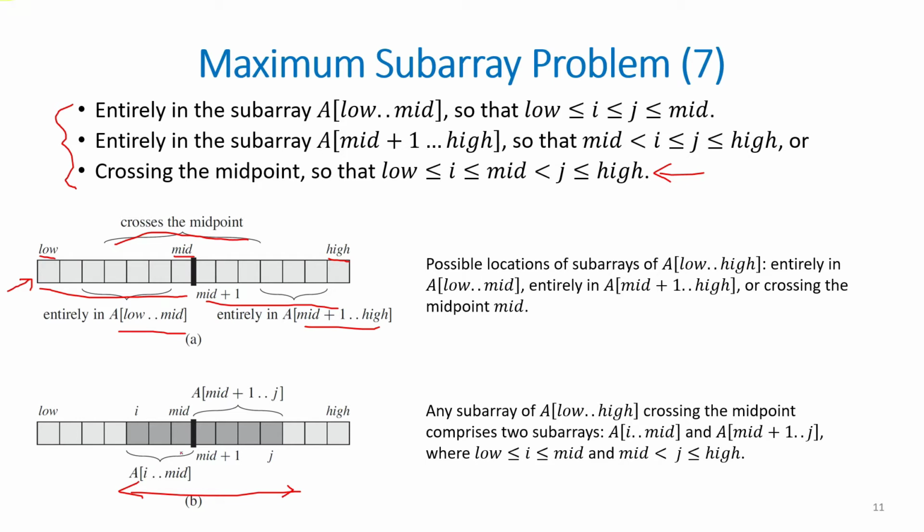One would be from i to the point mid, and the other half would be from mid plus 1 to the point j. Therefore, for the third case, starting from the point mid, if we go to the left and find the maximum subarray, and then we go to the right and find the maximum subarray, the sum of these two maximum subarrays would be the maximum subarray crossing the midpoint.